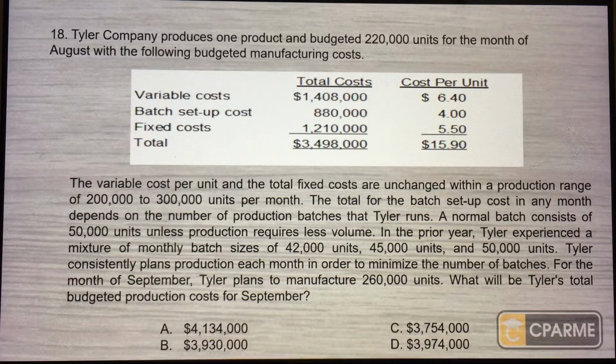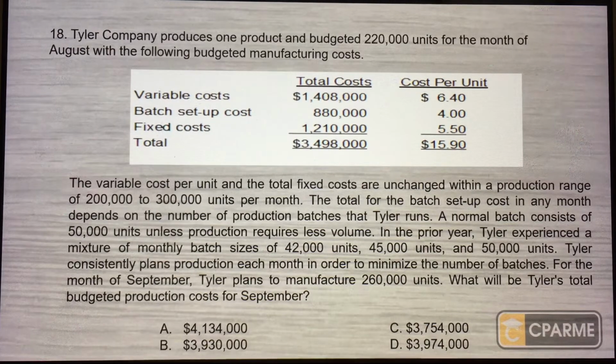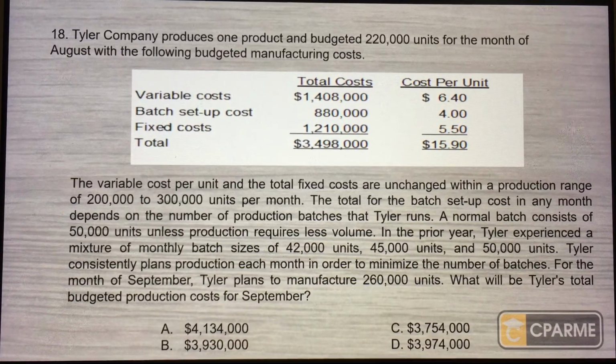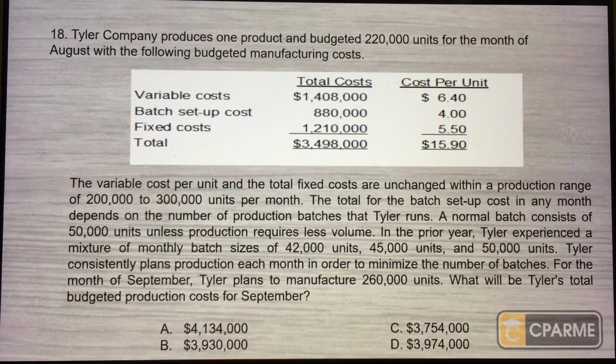Because if 50, 50, 50, that's 4 batches, only 200,000 so far. Since the processing is in batches, the company should produce in batches for that 880,000, or for the 220,000 units. So 880,000 divided by 5 so that we could get the cost per batch. And then recently, Tyler plans to manufacture 260,000 units.